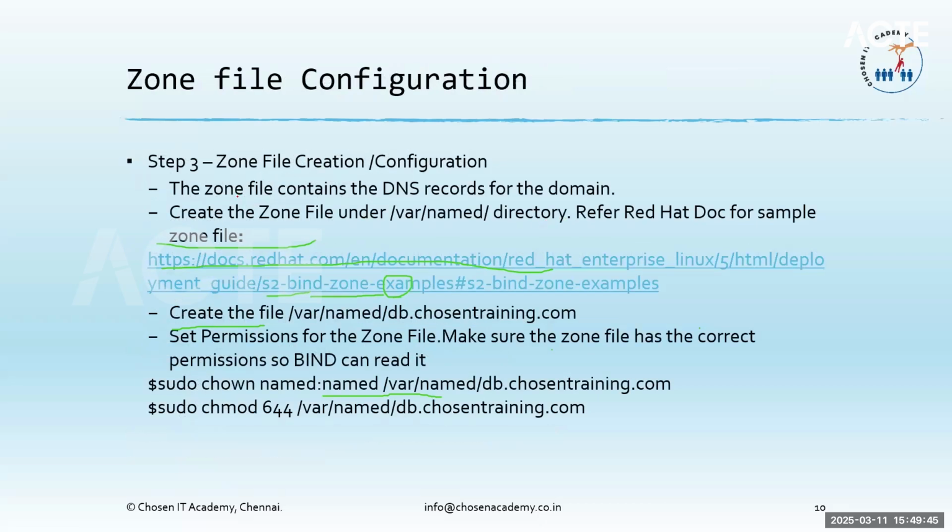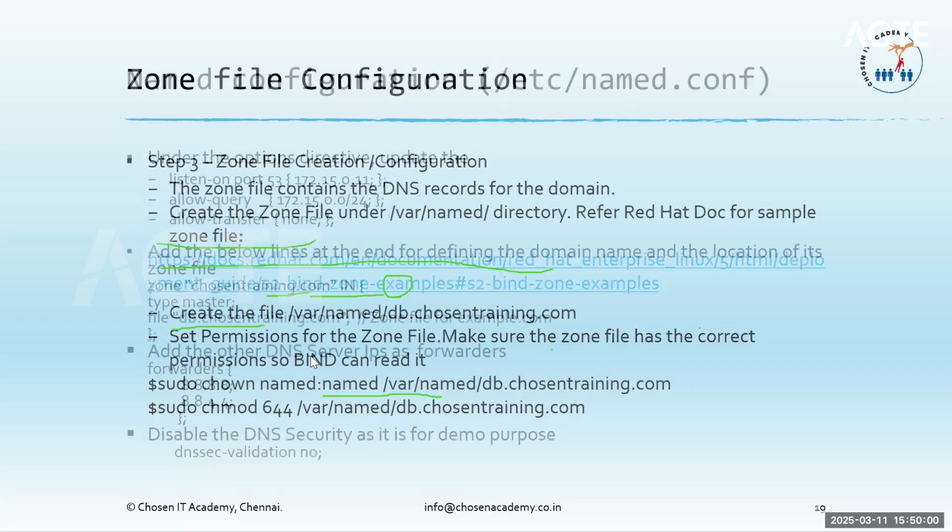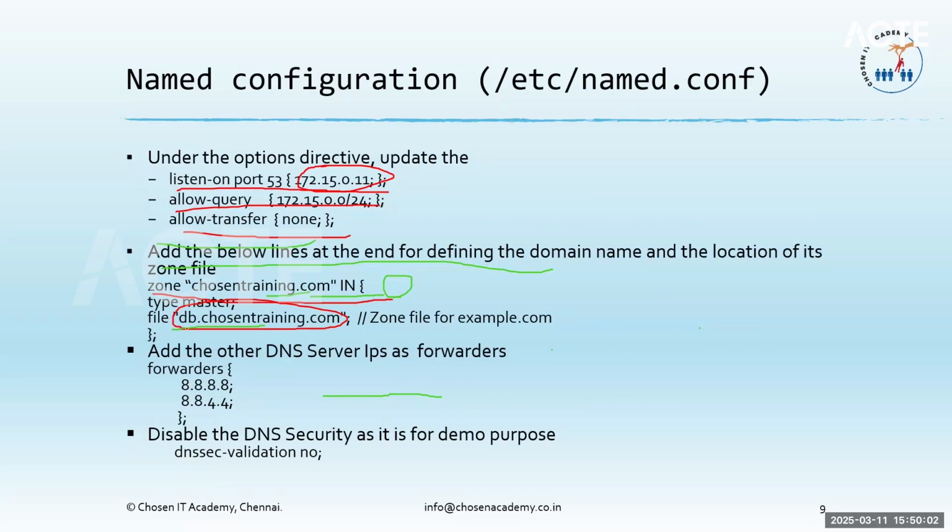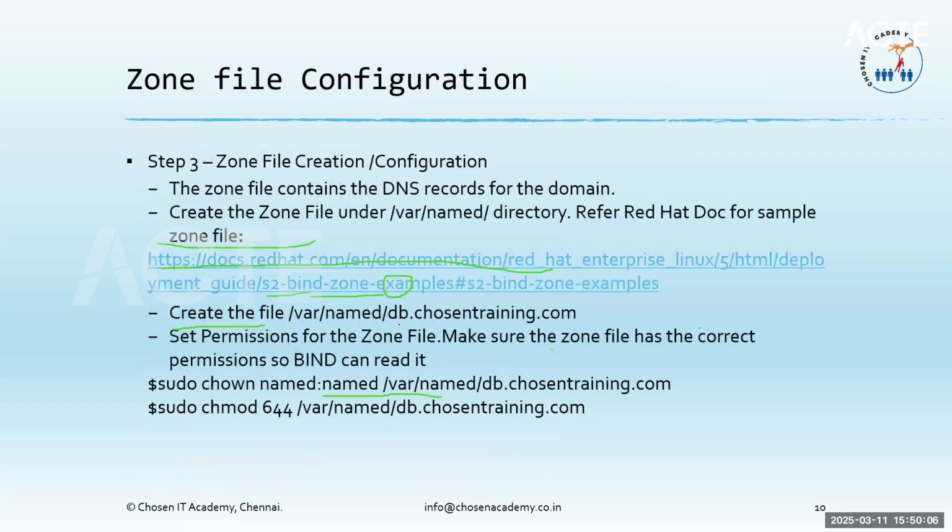Coming to the zone file, we have to create this zone file. The template for the zone file can be taken from the Red Hat site, and we have to give it the name that we gave here, db.chosentraining.com.